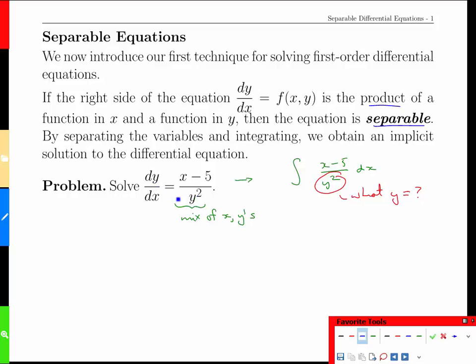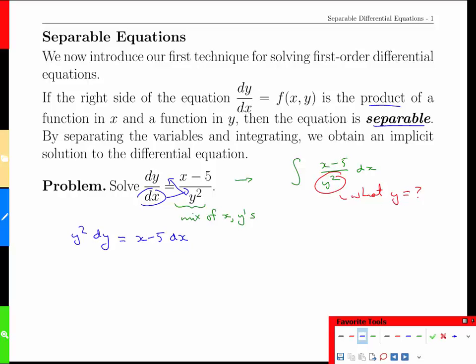What we're going to do is literally separate the variables by bringing the y squared to the other side and bringing the dx to the opposite side from where it started. That gives us y squared dy equals (x minus 5) dx. You can think of this as differentials, or tiny increments of y and x.